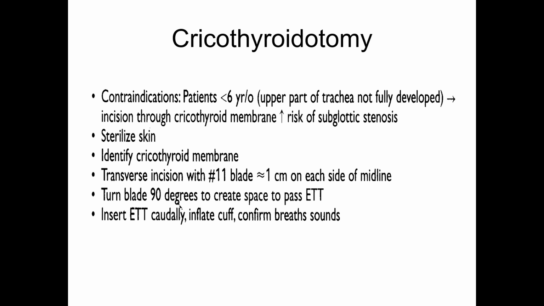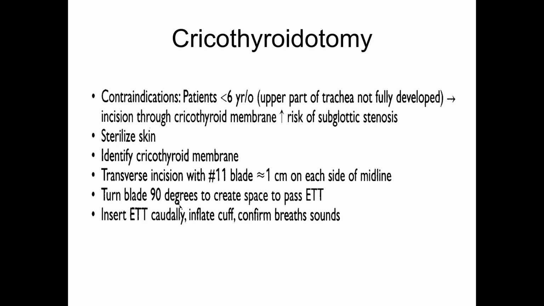Sterilize the skin and identify the cricothyroid membrane by going over the thyroid cartilage and going down in the midline of the neck until we feel some softness just below the thyroid cartilage, and this is the cricothyroid membrane. Make a transverse incision 1 centimeter on each side of the midline.